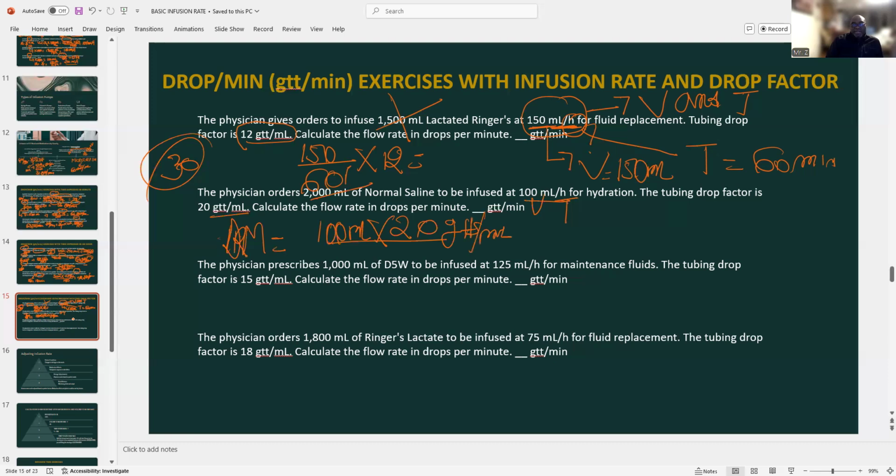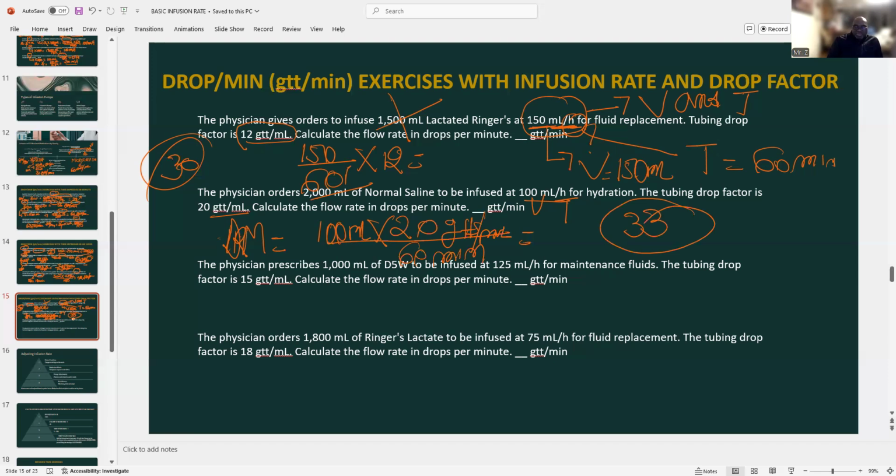Now divide that by your time, which is 1 hour, but it has to be in minutes, 60 minutes. Milliliters will cancel out. You have 100 times 20, you got 2000. You divide that by 60 minutes, and you got 33.333. Once you do that, you will have 33 drops per minute.